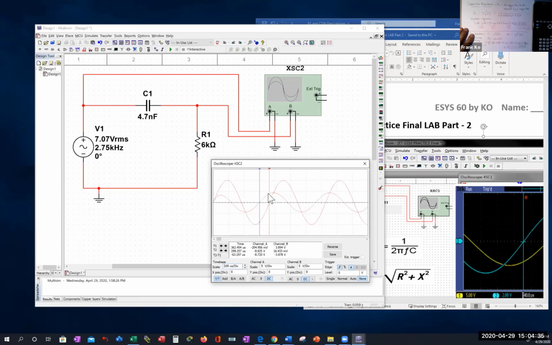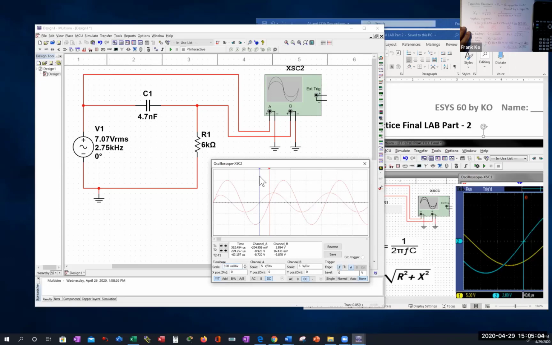And then the red cursor is adjusted to where the large waveform goes from the negative half cycle, hits the zero line to the positive. This space in between is very important to us. This space in between is given to us right here, T2 minus T1, as 63.2 microseconds, 63.197.